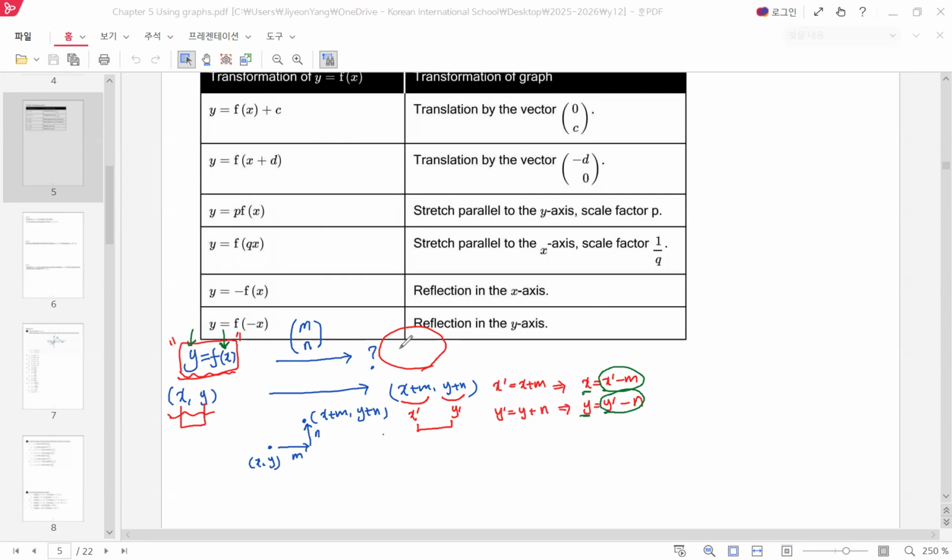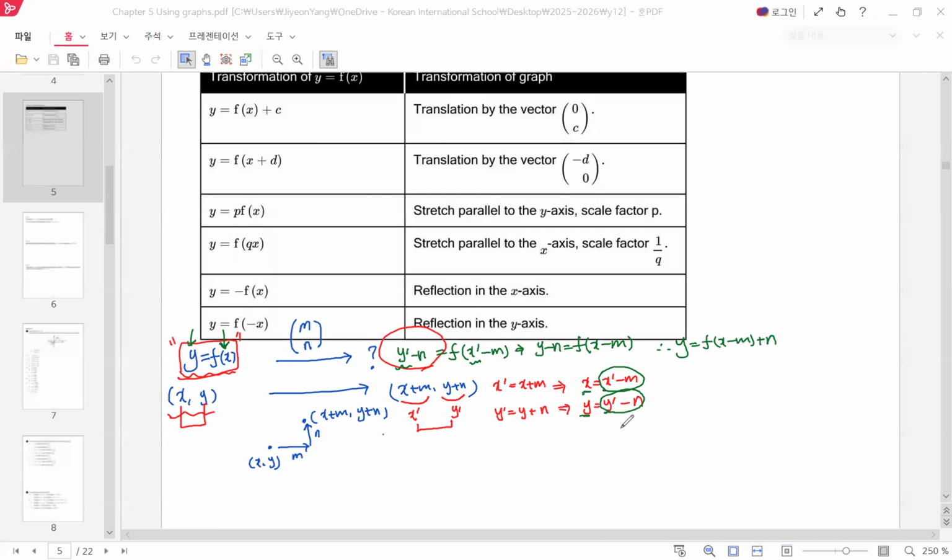So that's why the new equation can be written as y prime minus n equals f(x prime minus m). Then since x prime is just an independent variable and y prime is the dependent variable following x prime, you don't need to use prime. So y minus n equals f(x minus m). Therefore, we can write it as y equals f(x minus m) plus n.